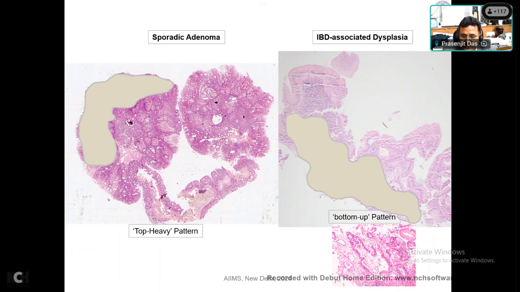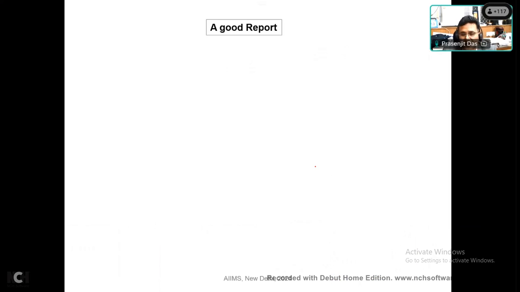There will be dilatation, there can be branching, the stroma can be edematous, there can be too much inflammation. So what I mean is that the typical back-to-back arrangement is not commonly seen in IBD associated dysplasia. So you also have to comment on what you think. If the dysplasia is sporadic or IBD associated, the management will depend on that.